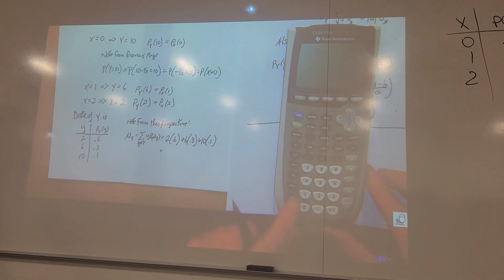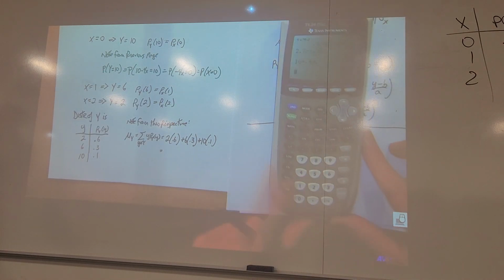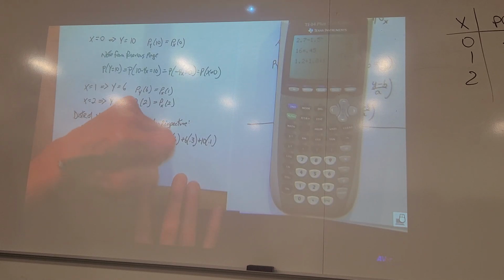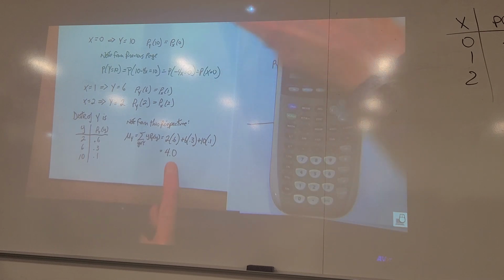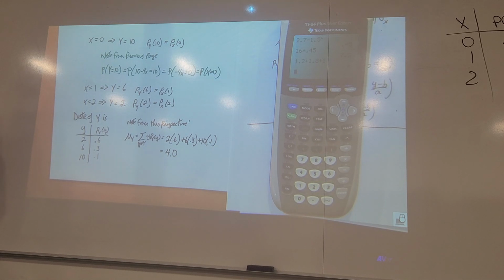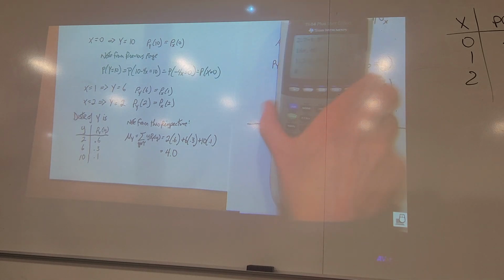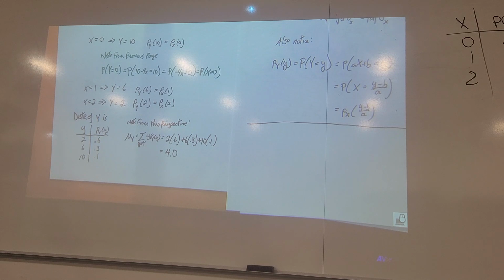What's that come out to? That looks like 1.2 plus 1.8 plus 1. Is that what that looks like to you? 4.0, and that's what we got when we did it our first way. You can confirm the variance probably just as well. How's that feel?